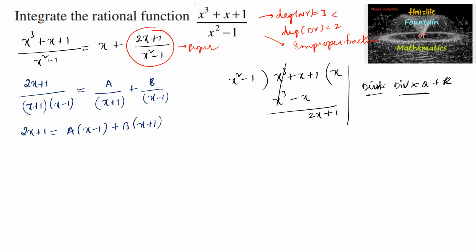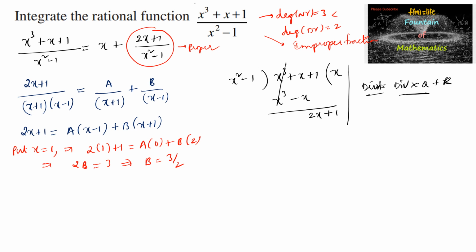So to get the constants a and b, put x is equal to 1, so that 2 into 1 plus 1 is equal to a times of 0 plus b times of 2. So that is 2b is equal to 3. So b is equal to 3 by 2.